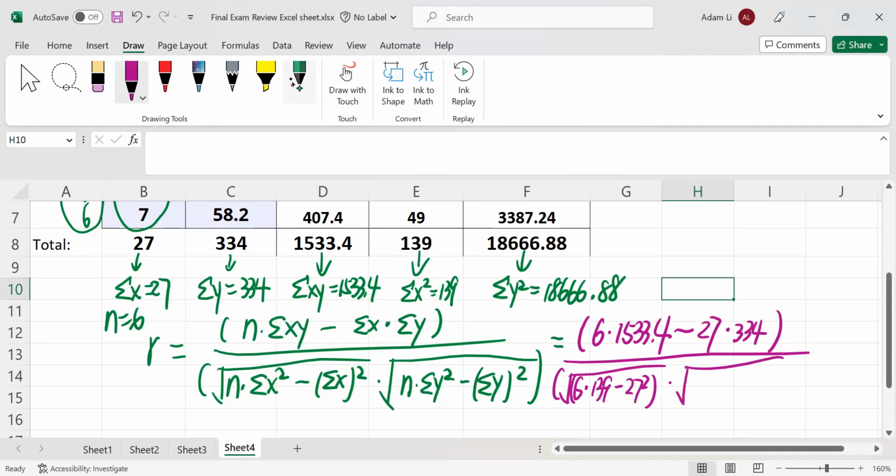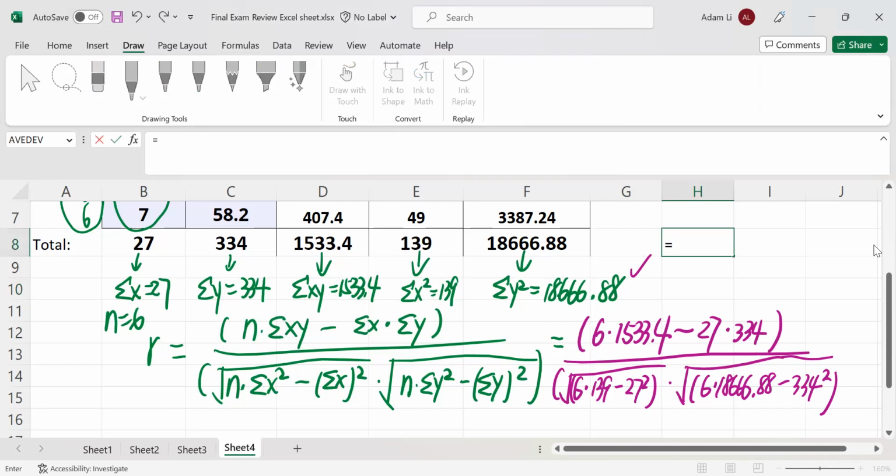Second square root, open parentheses, 6 times total y squared 18666.88 minus total y 334, squared. Close parentheses. And one more time, we're going to go into Excel, right? So Excel does the calculation: 6 times 1533.4 minus 27 times 334.